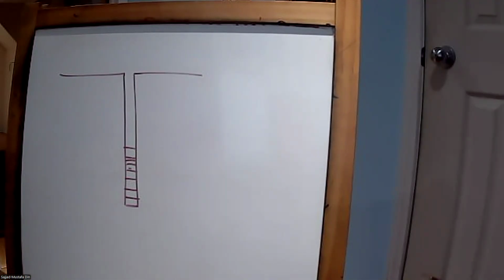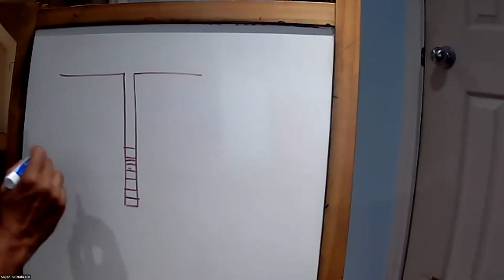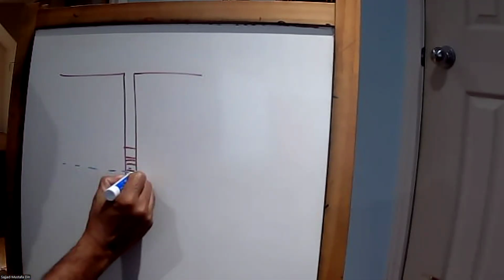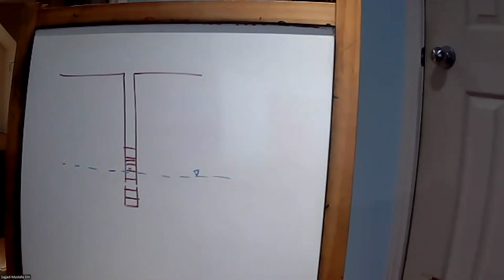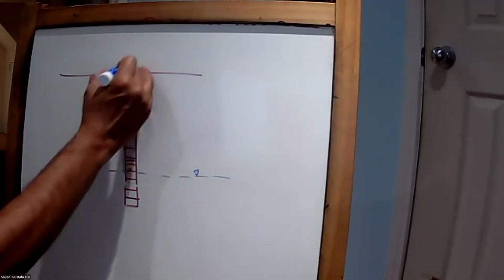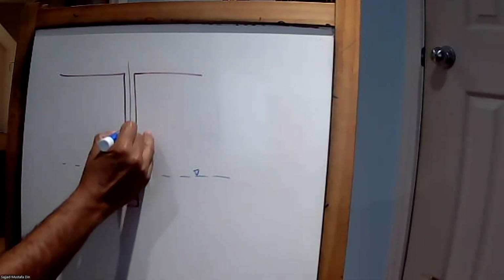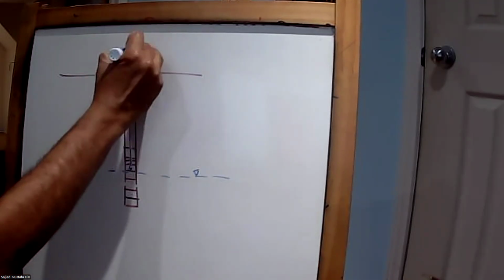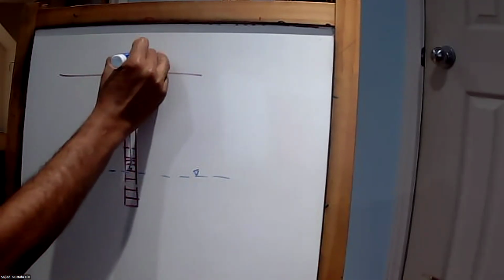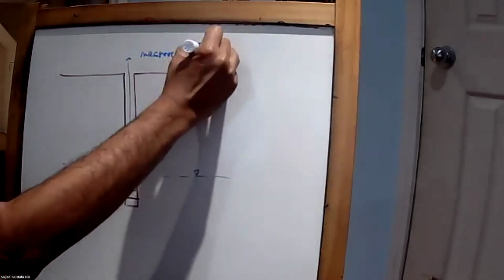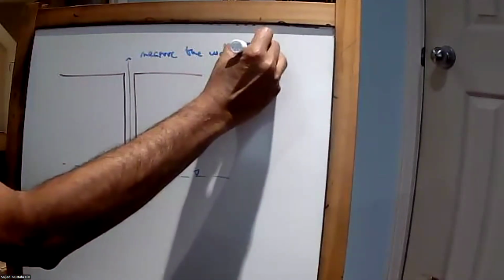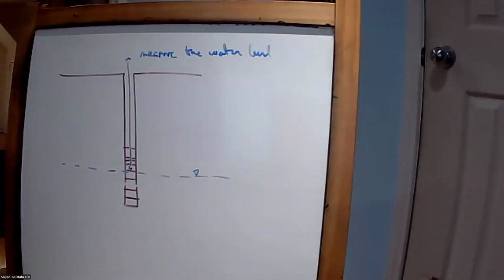So we drill a hole, we put a pipe in place. That inverse triangle is the water table. Why? Because we want to measure the water level. Why do we want to measure the water level?